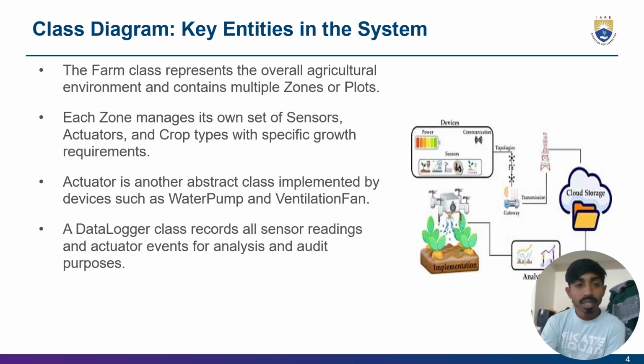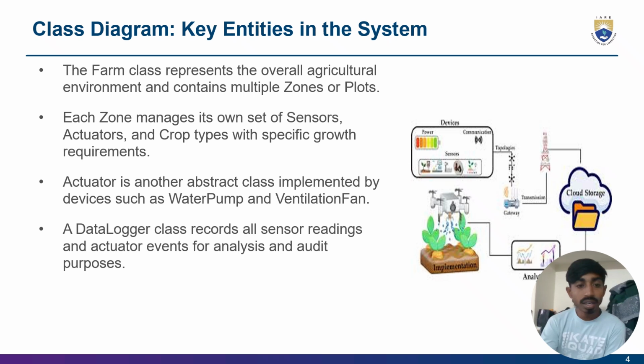Class diagram. Key entities in the system. The Farm class represents the overall agriculture environment and contains multiple zones or plots. Each zone manages its own set of sensors, actuators, and crop types with specific growth requirements.